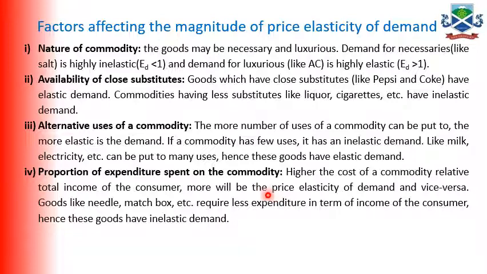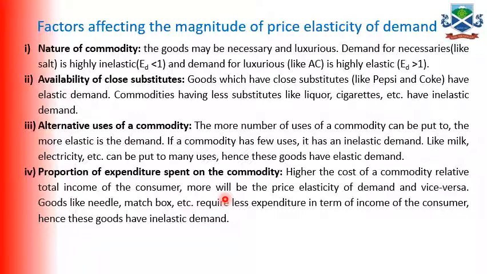If the cost of the commodity is relatively high compared to the total income of the consumer, then the price elasticity will be higher, and vice versa. That means if the percentage you spend on a commodity is higher compared to your income, for example your monthly income is 10,000 and you are spending 5,000 on a commodity, then if that commodity's price is slightly increased, your demand will fall, because the maximum of your total income is going on that commodity.